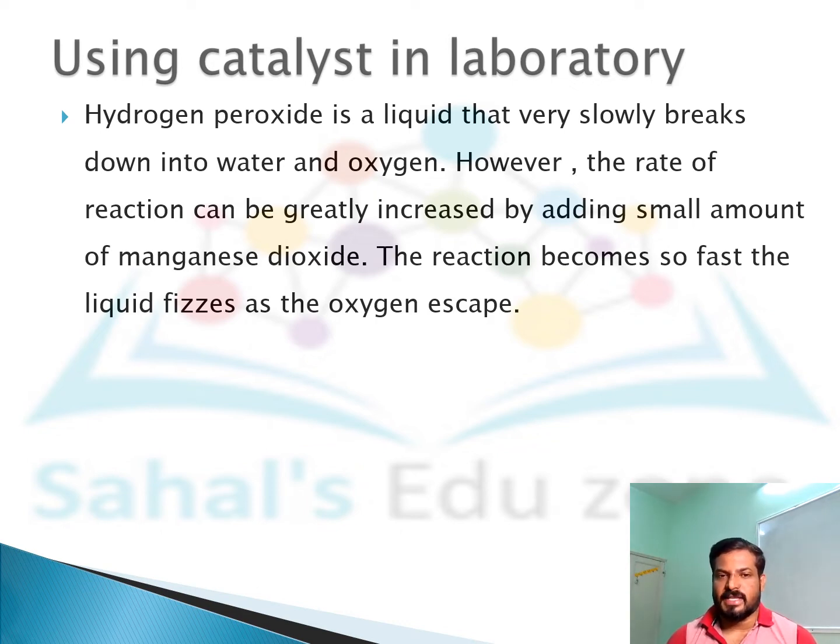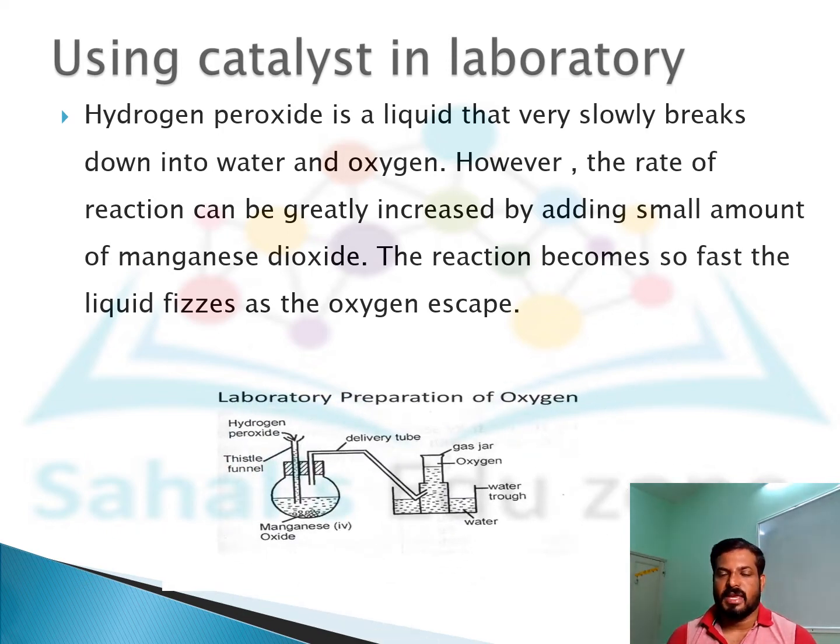After adding the manganese dioxide catalyst, the reaction rate becomes fast. However, the rate of reaction can be greatly increased by adding a small amount of manganese dioxide. The reaction becomes so fast, the liquid fizzes as the oxygen escapes.